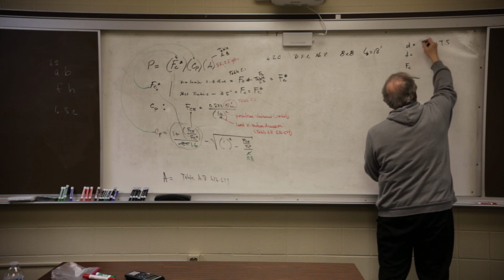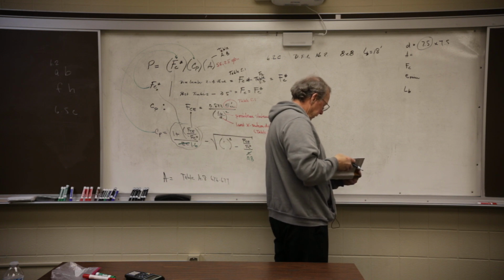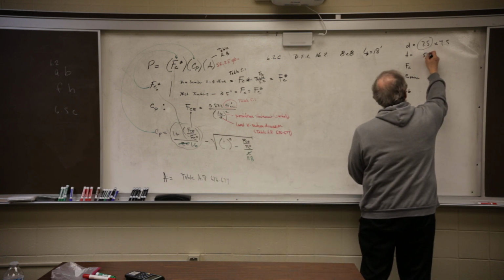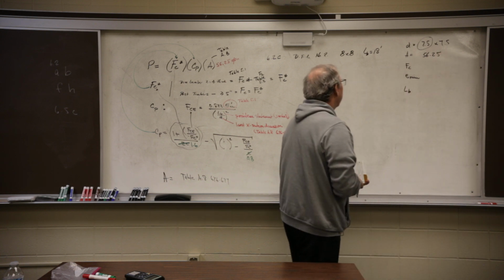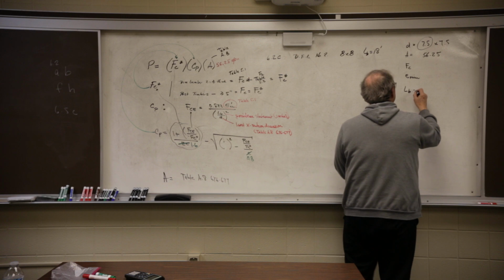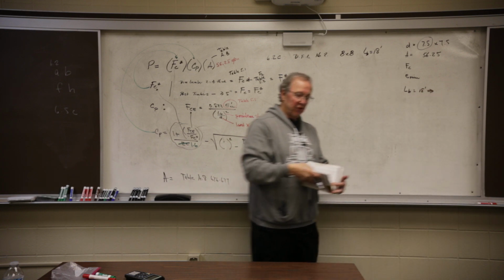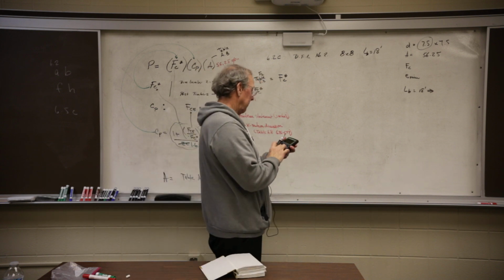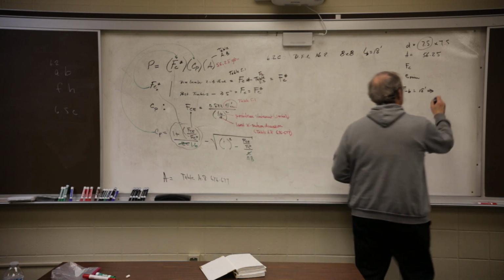The least of those, 7.5. The area, 8 by 8, 56.25. Okay, that takes care of that. LB is pretty easy, 18 feet. I know I want that in inches because I already said that, so I'm going to do that right now. 18 times 12, 216 inches.